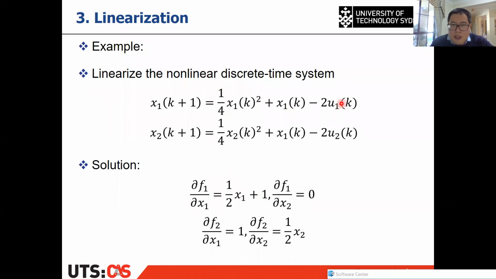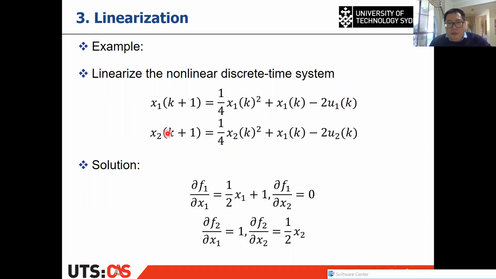So if you calculate the partial derivative of this equation with respect to x1, and if we calculate the partial derivative of f1 with respect to x2, then in this equation there's no x2, which means that is 0, right?